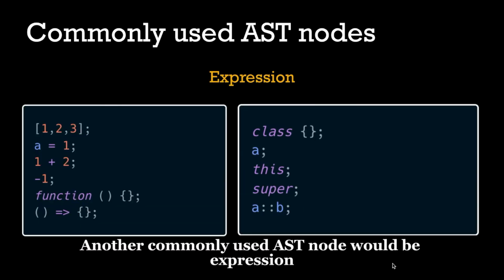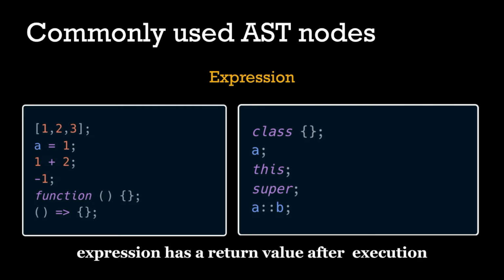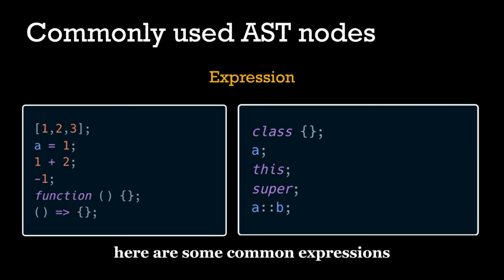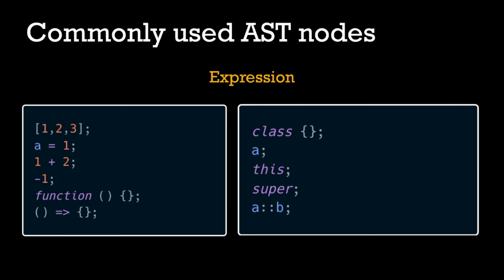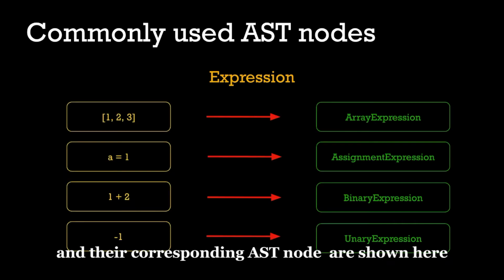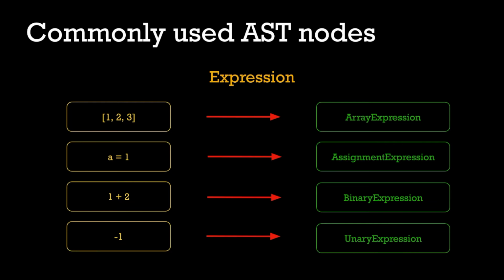Another commonly used AST node would be expression. An expression has a return value after execution, which is different from a statement. Here are some common expressions. Brackets 1, 2, 3, etc. And their corresponding AST nodes are shown here.